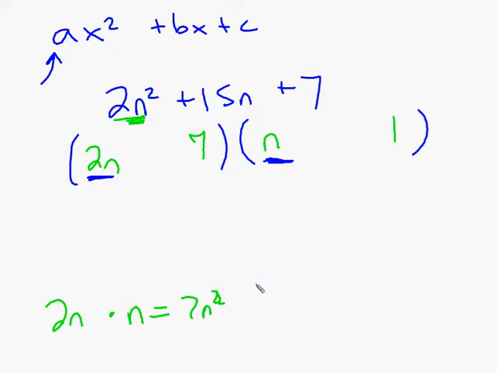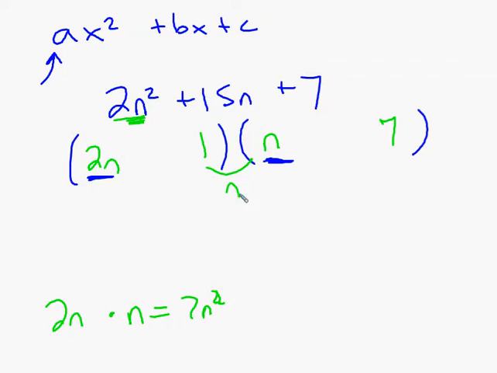Let's say I did this. Okay? When I check, notice this middle term gives me 7n, and this middle term gives me 2n, and if I add them, I get 9. Is that the 15? No. Okay, so that guess is incorrect. So luckily I only have one other option, 1 and 7 here.